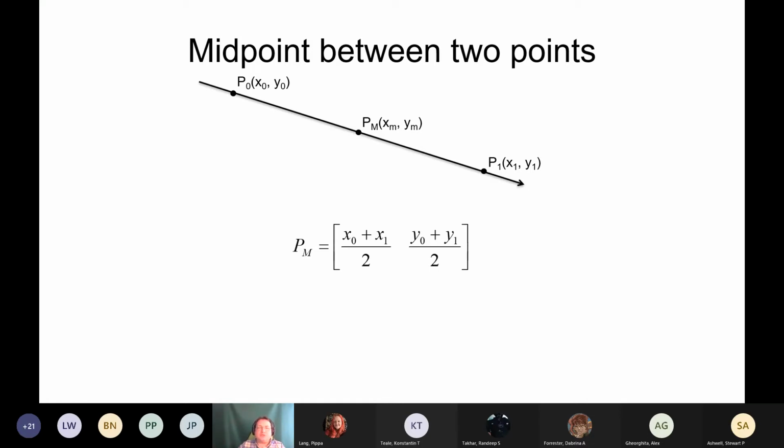And now if you look at this diagram, formula, and if you think that this graphics card would have to calculate x coordinate of the midpoint and then y coordinate of the midpoint, and imagine shaders are usually 3D graphics, so there would be also the z coordinate of this point. It's terrible, okay?